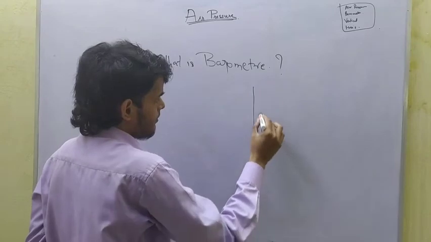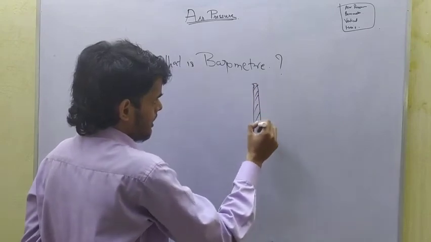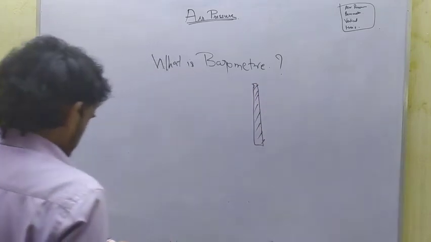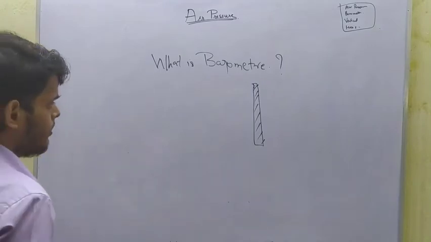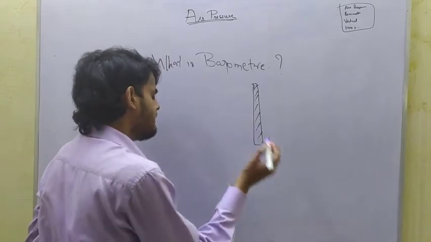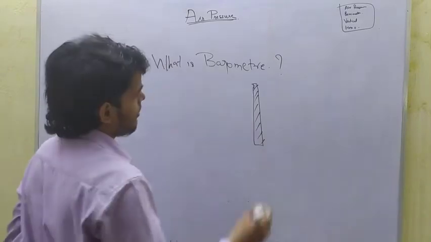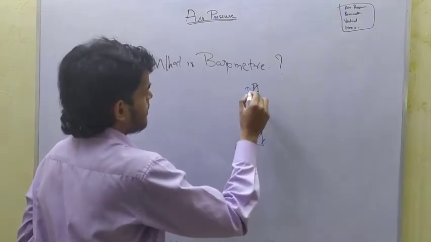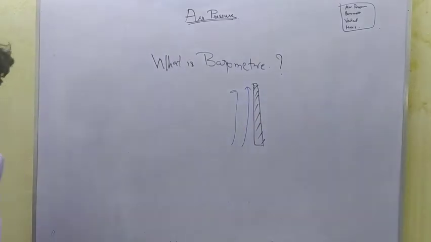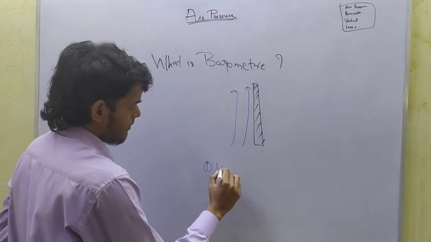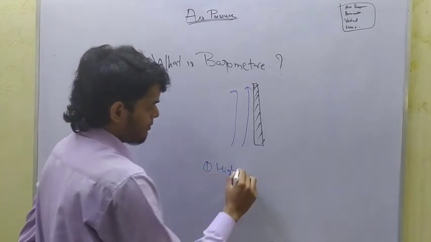Mercury is filled in it because mercury has a very high melting point. When the readings of the barometer increase considerably, drastically, that indicates higher pressure. High pressure.